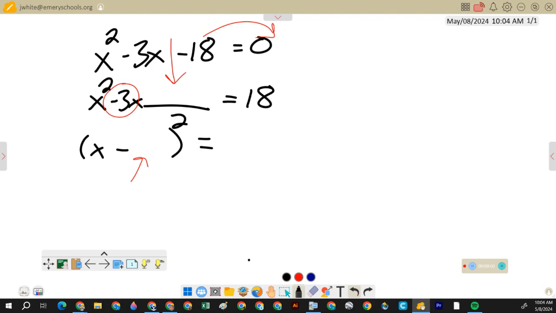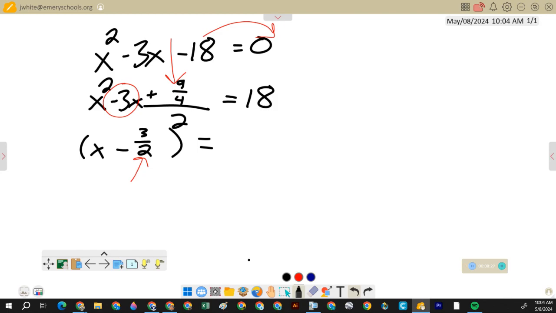However, I bet you cannot do 1.5 squared in your head. So leave it in fraction form. So instead of writing 1.5, we're going to write 3 over 2. Okay? And then negative 3 over 2 times negative 3 over 2 is easy to do in your head. It's just 9/4.